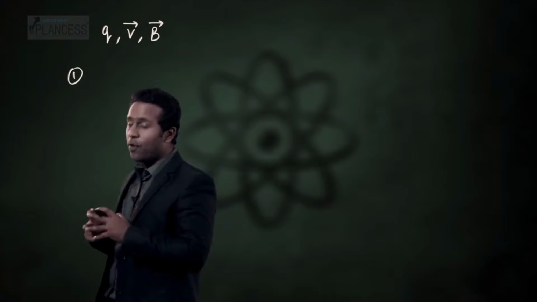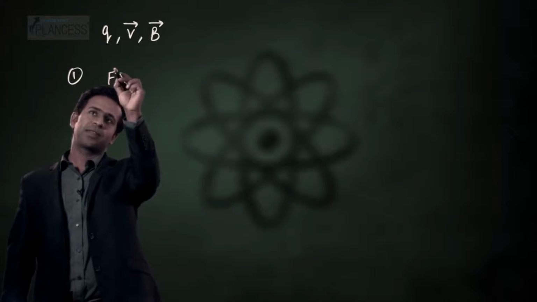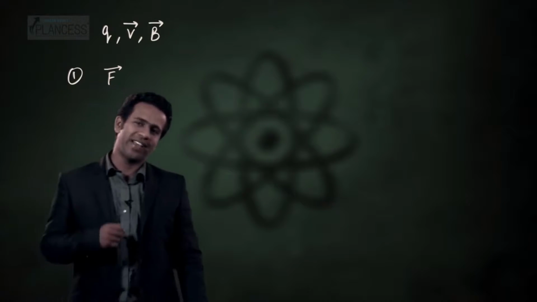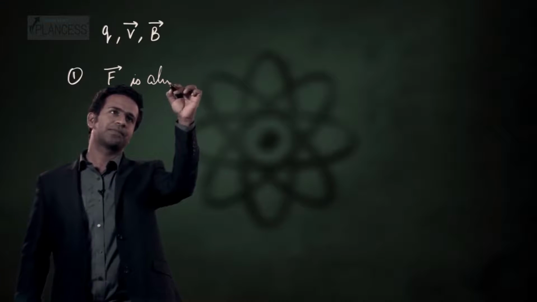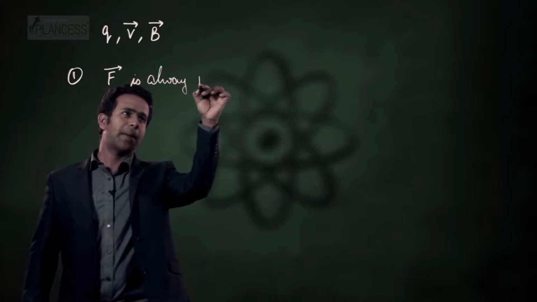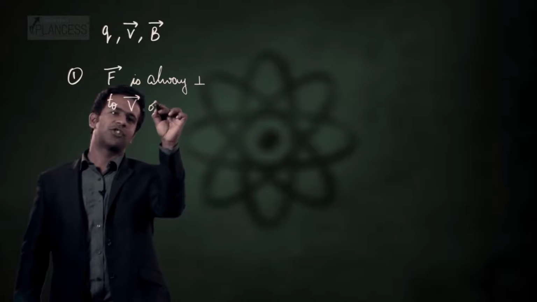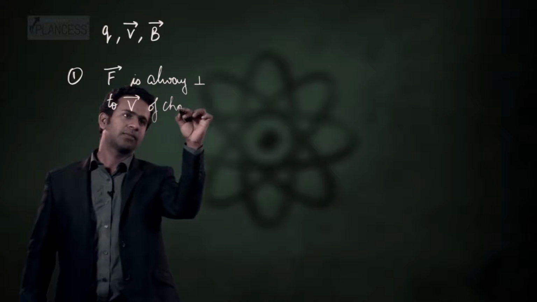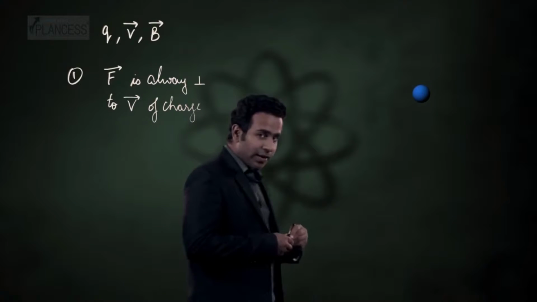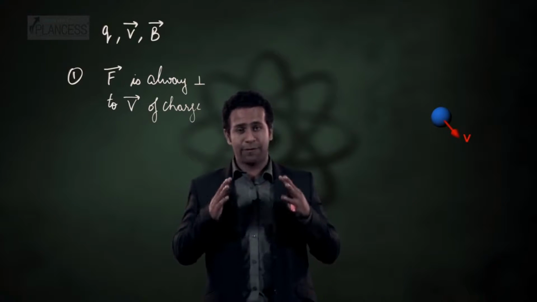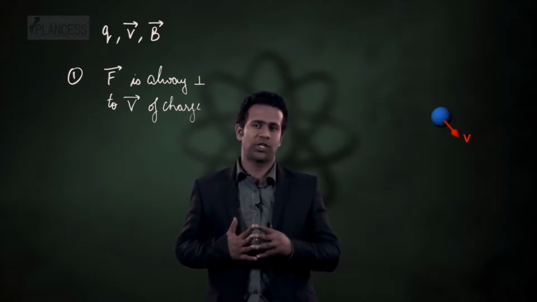Now, the force that the charge experiences, the force again I'll show as a vector. The force is always perpendicular to the velocity of the charge. So, if a charge is moving with a velocity v, the force will always be perpendicular to its velocity.